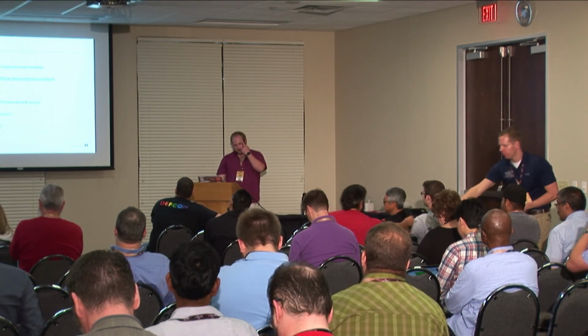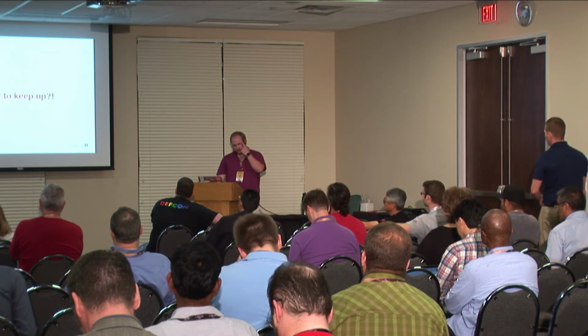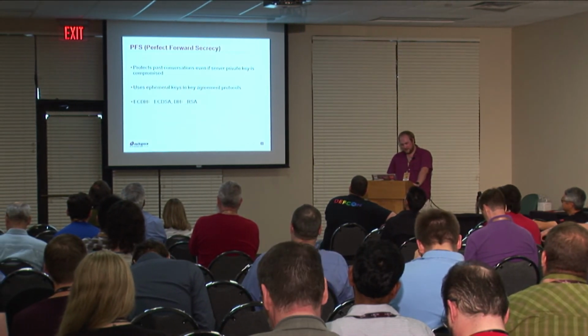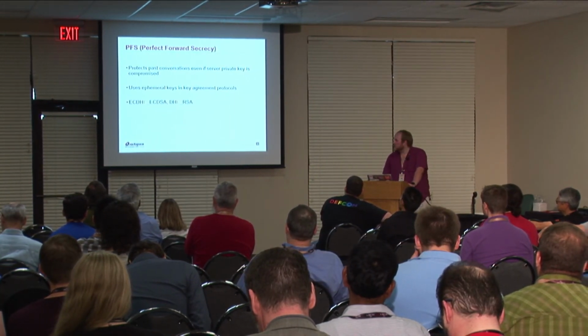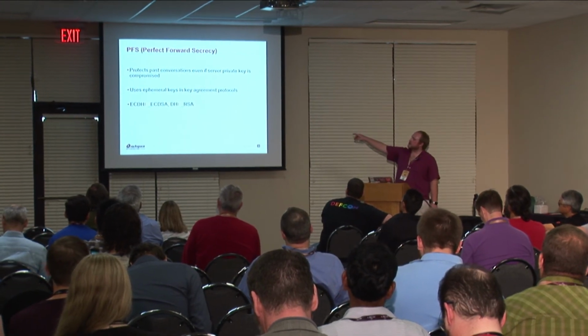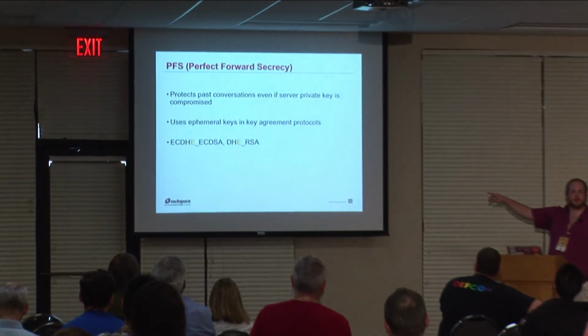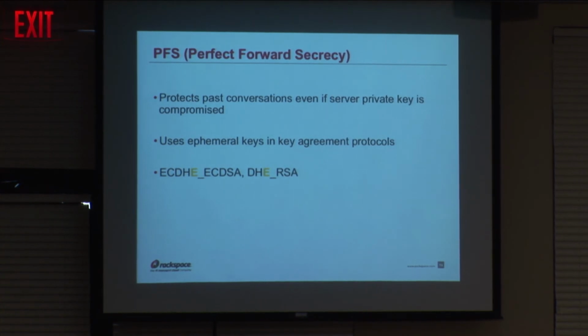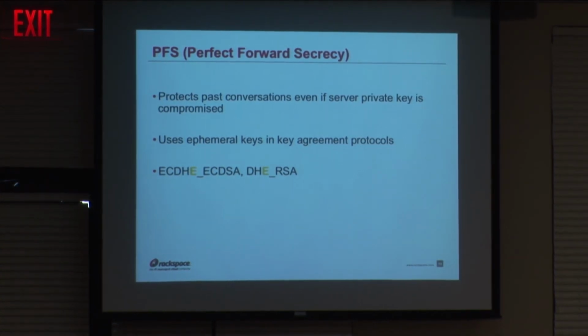So if we go back, let me go back in my slides a little bit. If you look at it, what this slide is calling out is essentially that on the cipher suites, when you're configuring your server, so Nginx, Apache, whatever you're running, the little E's at the end are supposed to signify that it uses ephemeral keys. So I don't think that you have to do anything super special to generate new keys. It's something that's kind of handled on its own.